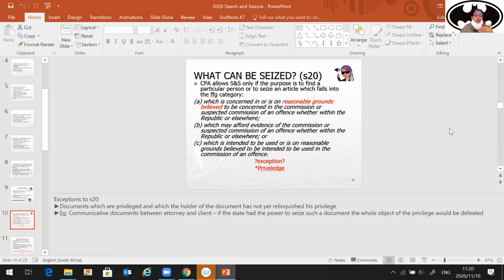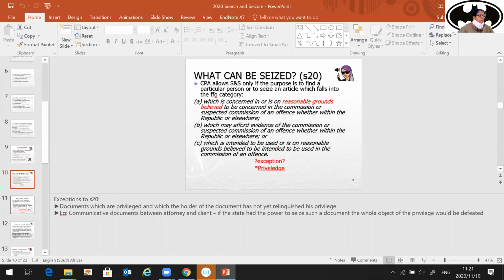The purpose would be to look for someone who the person conducting the search has reasonable grounds to believe was concerned in the commission or suspected commission of an offense, or someone who would give evidence, so a witness, or even items that were used, could be used, or stolen items. So there is, of course, the exception regarding privileged documents and privileged statements.